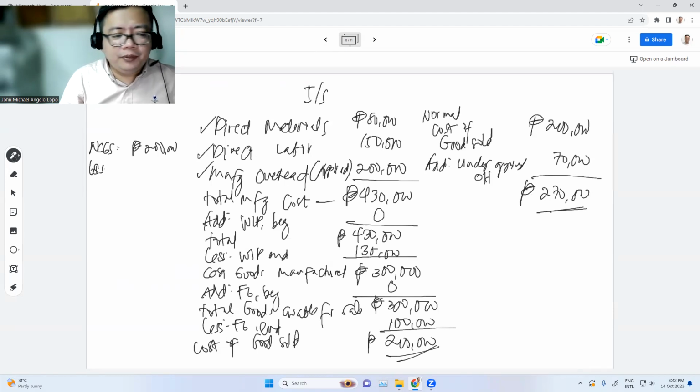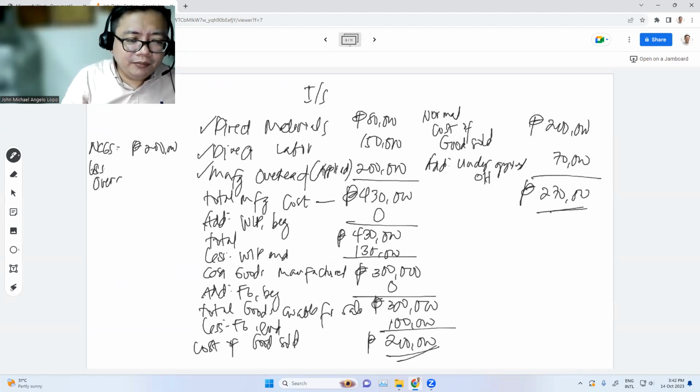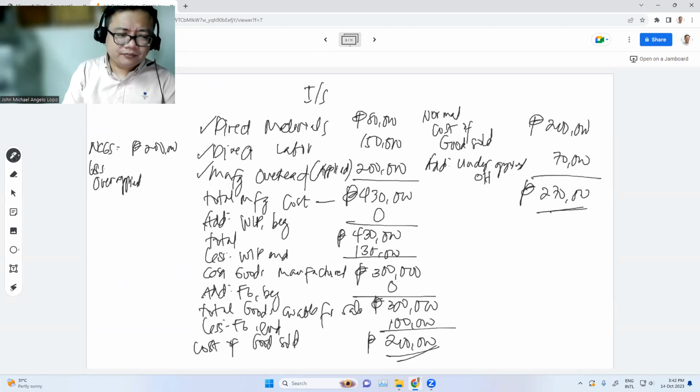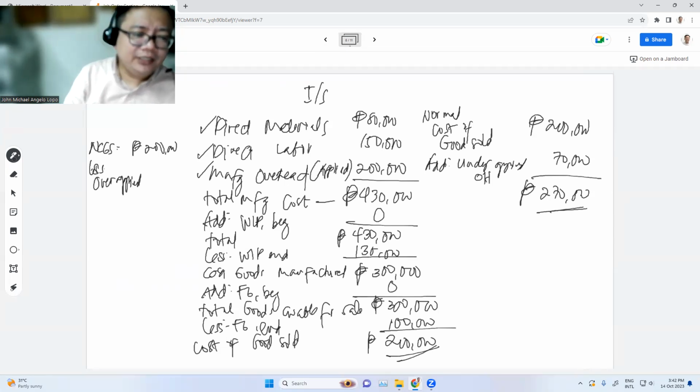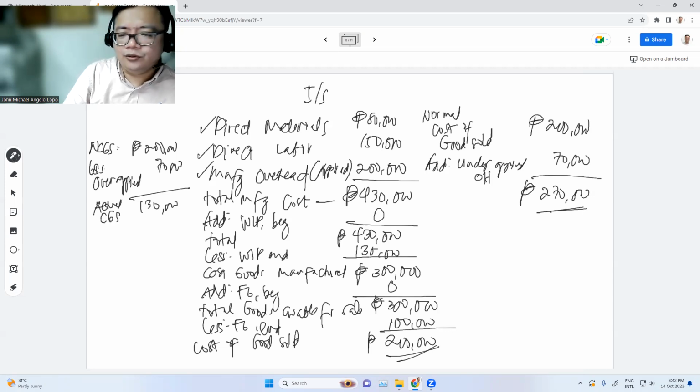Okay? Less your over-applied. When over-applied, it is to be deducted. How much, class? 70,000. So all in all, you have 130,000. What do we call it, class? Actual cost of goods sold.